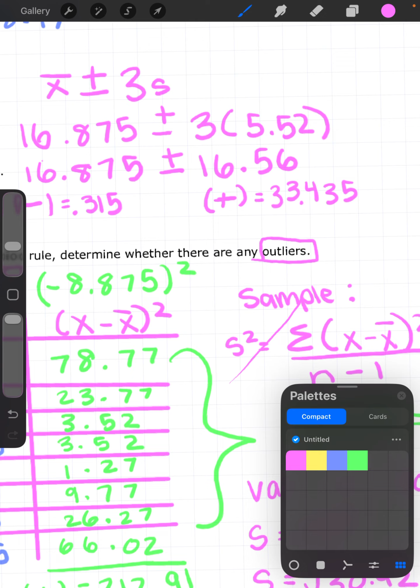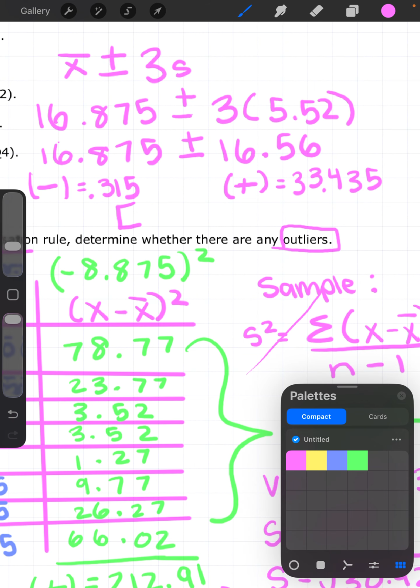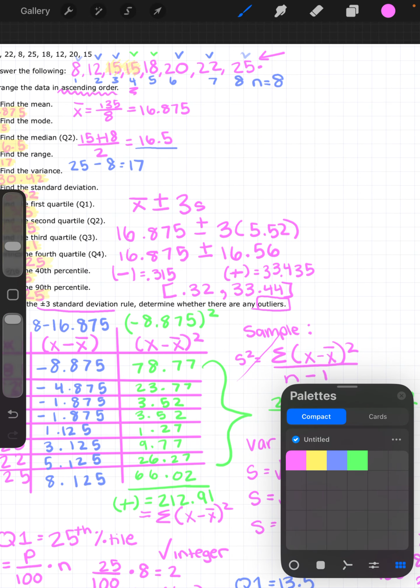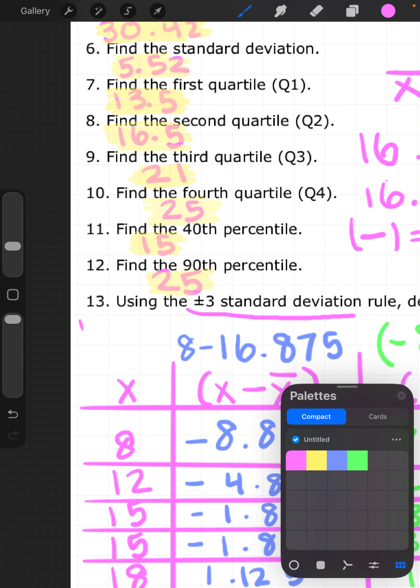And in the end, I'm going to just round it off, it's going to be 0.32 and 33.44. So if we take a look at our data, none of them is less than 0.32 and none of them is over 33.44. So none are outliers. And so in the end, there's none.